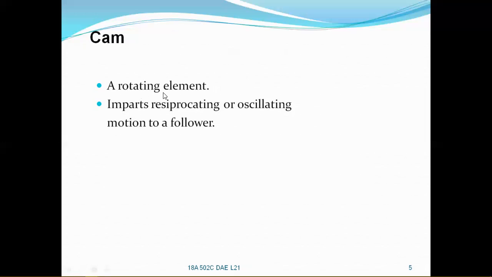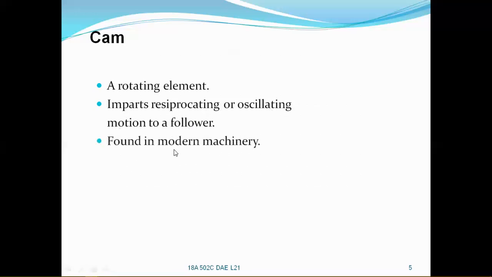So the cam is a rotating element which imparts reciprocating motion or oscillating motion to the follower. Here the follower is the vertical rod and the rotating element is the disk. That means due to the rotation of the disk, the vertical rod or the follower is reciprocating vertically. So that is the cam.